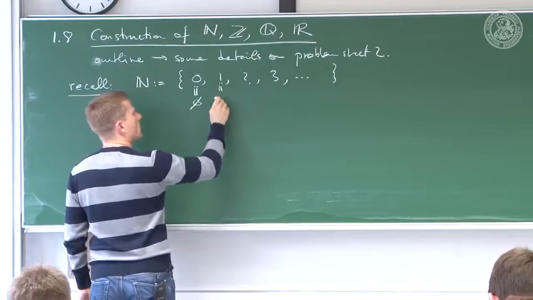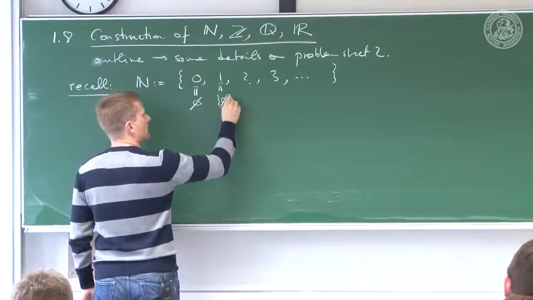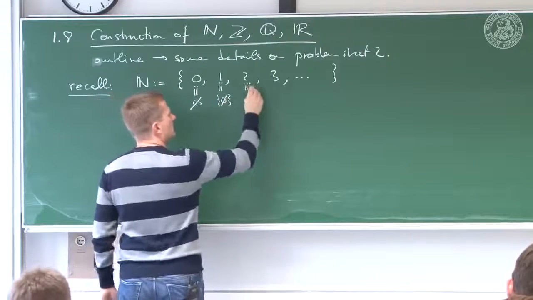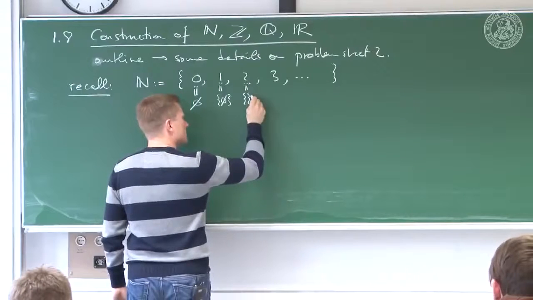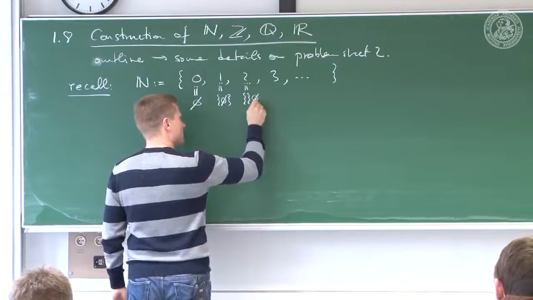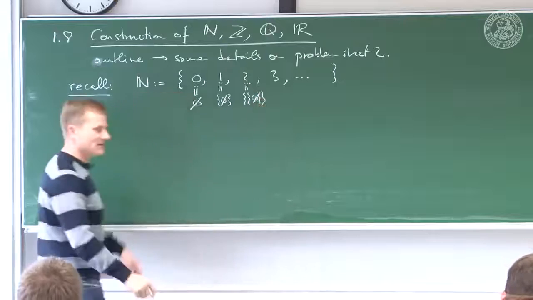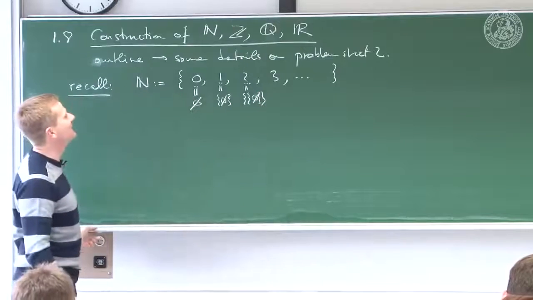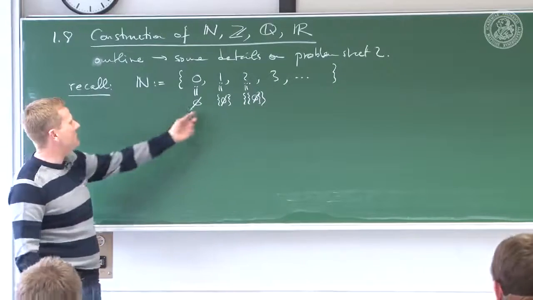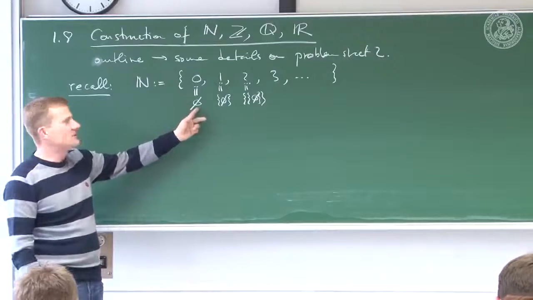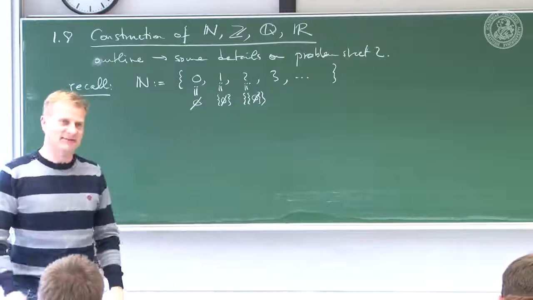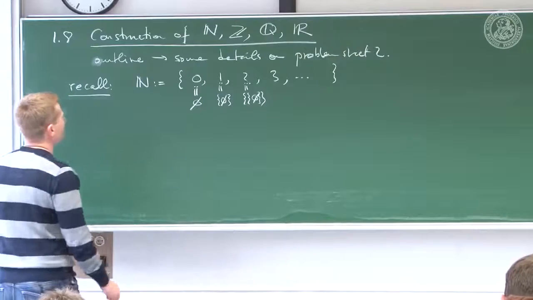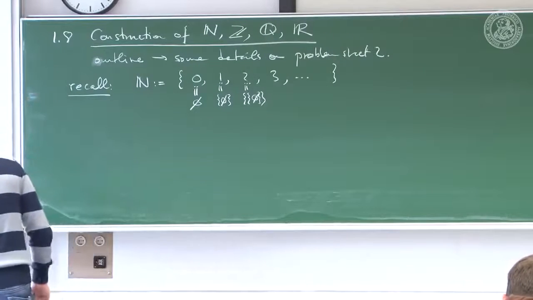The set with name 1 was the set with the element empty set. The set with name 2 was the set with the element 1, and so on, set within set. And by the way, here you see that the computer science 0 is exactly the 0 of mathematics. Okay, so that's wonderful. So that's the set N.